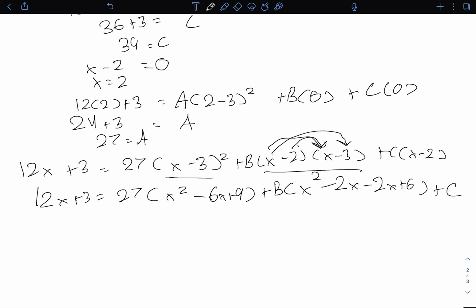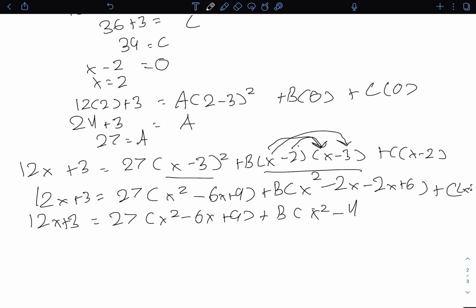I'm not using a calculator, so excuse any calculation errors, but I think you should still be able to get the concept. 27(x squared minus 6x plus 9) plus b(x squared minus 5x plus 6) plus c(x minus 2).